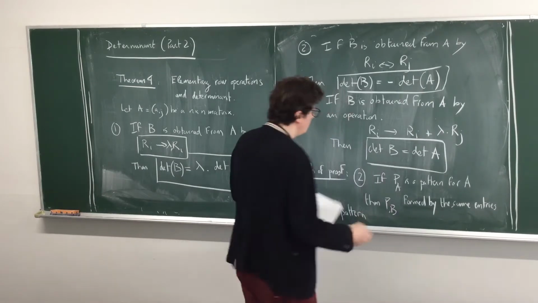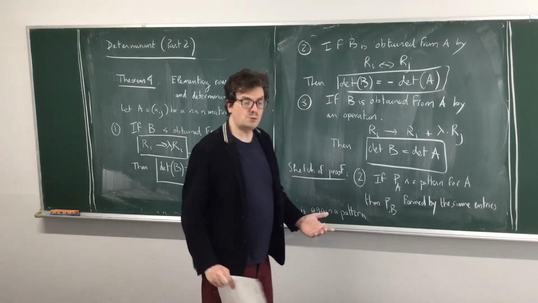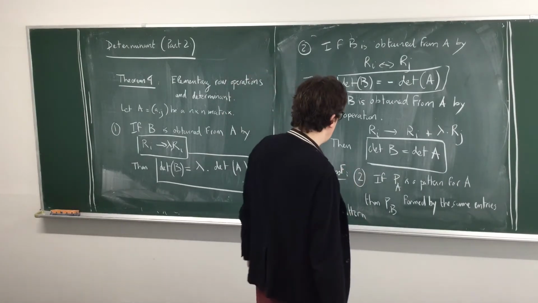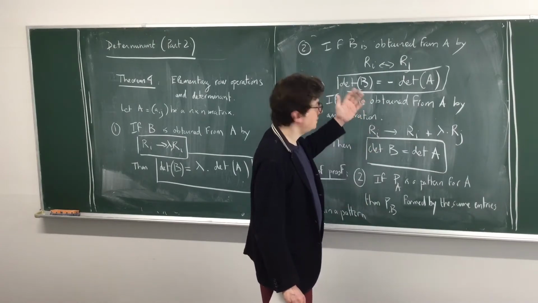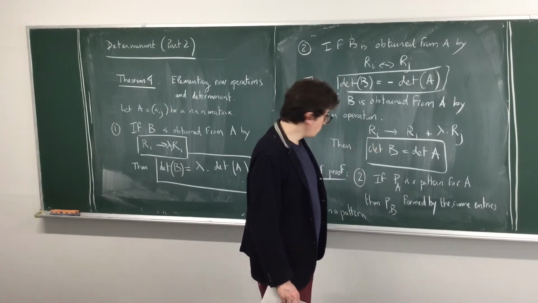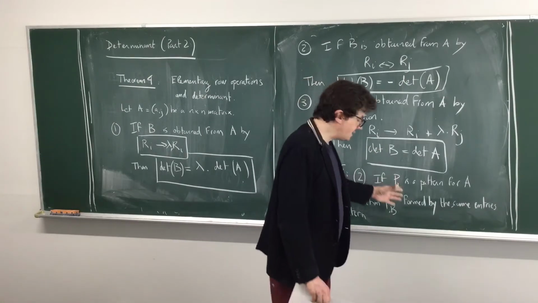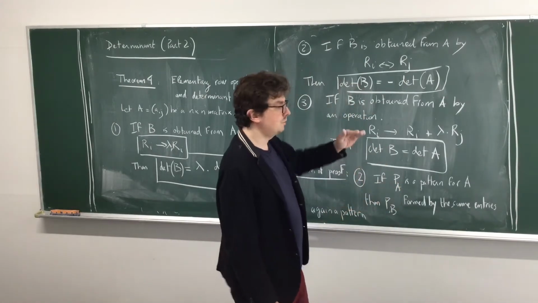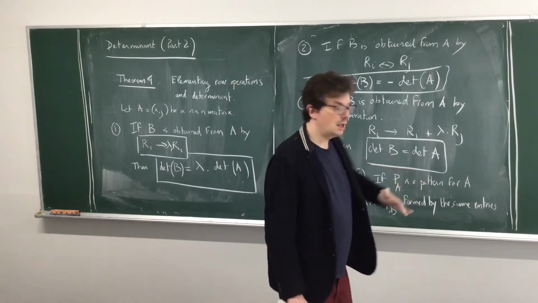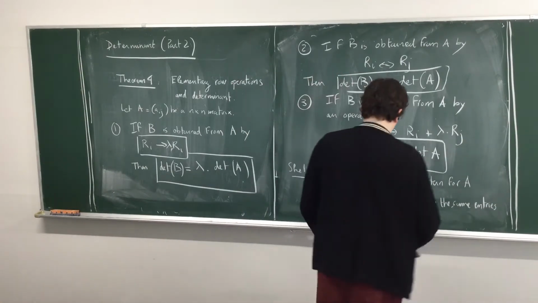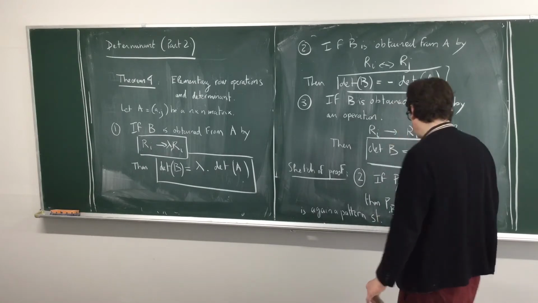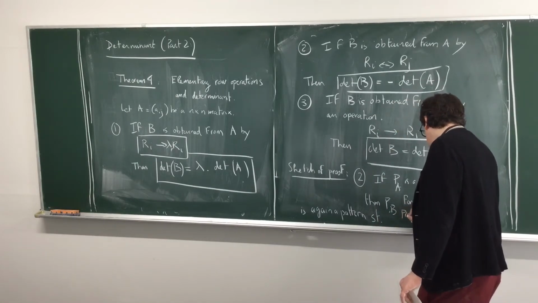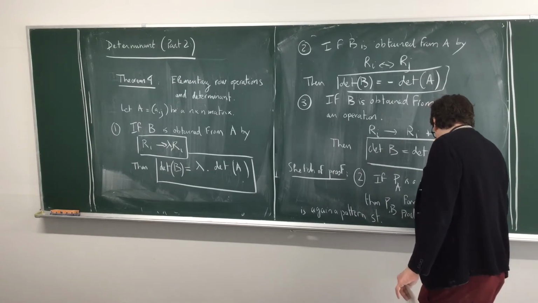You can take the example of a 3 by 3. You have 6 patterns, and please just try, and you will see that if you swap 2 rows, by taking exactly the same entries, the position of these entries will be different, but it will still be a pattern. And the important fact is that, of course, because you take the same entries, the product will be exactly the same.